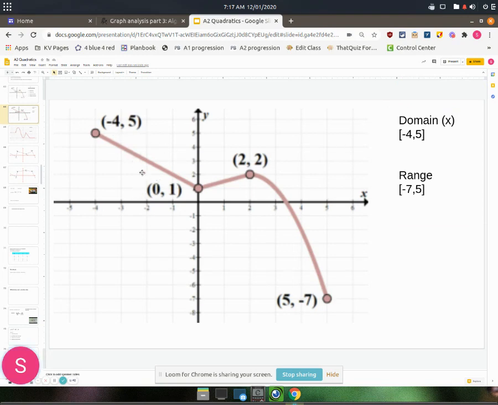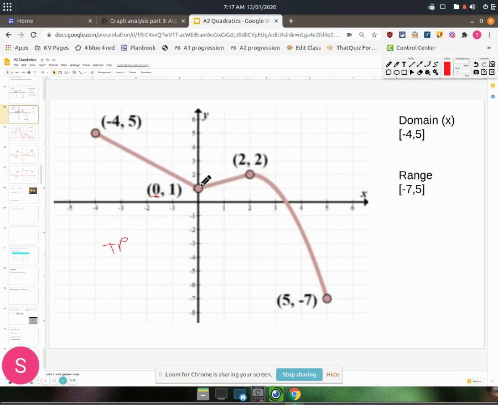Now, I want you to go ahead and take a second and try to identify how many turning points this thing has. And what are the turning points? Okay, so go ahead and think about that for just a moment. Okay, so as far as turning points go, remember those are the x values where it changes direction. So right here, it's going from down to up.